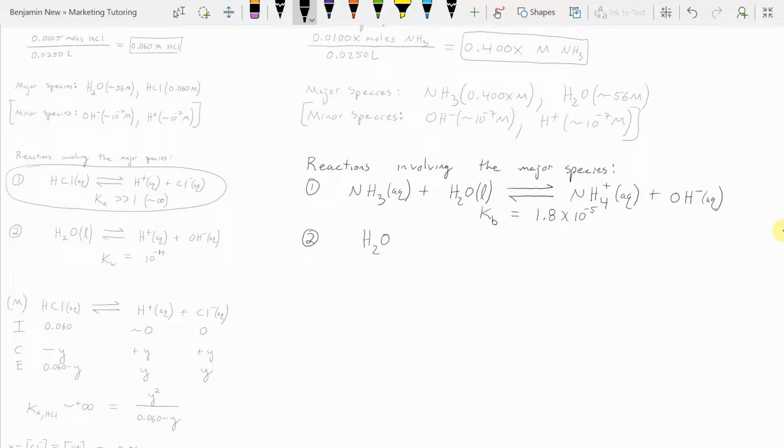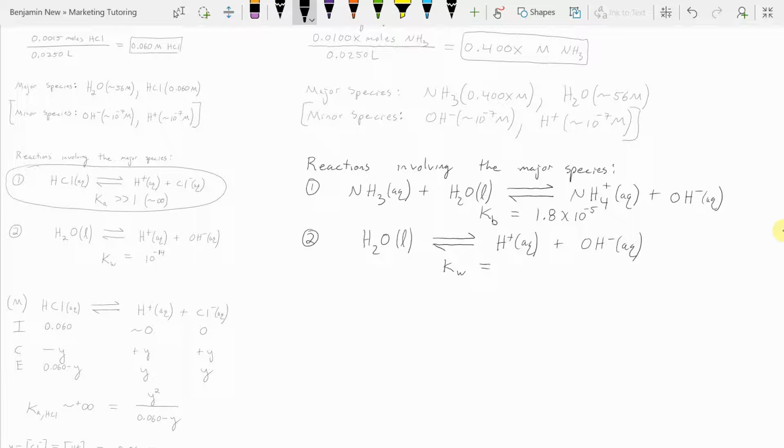Okay, so the second reaction is going to be the same as what we have on the left. Since we do have water, liquid is going to equilibrate with H plus and OH minus. And you might be thinking, well, do we consider that? Well, in this case, it's not going to be necessary because the concentrations of everything else is so much bigger.